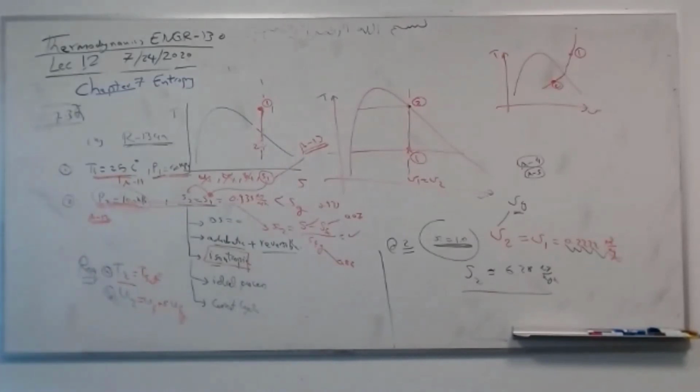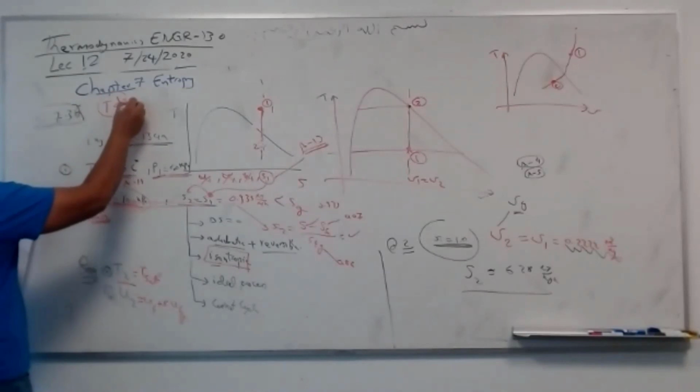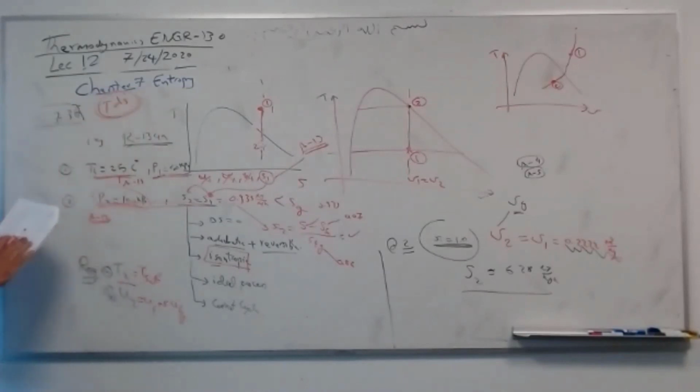So next lecture, we're going to dive into something very important. It's called T dS relations. It's actually at the end of this chapter, but it's very good. It's called T dS relation, section 7.7. It's a very important thing we're going to talk about, and we're going to talk about special cases for solids, of course, liquids and gases.